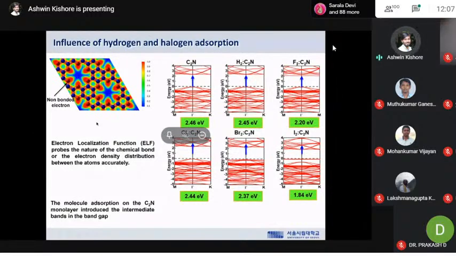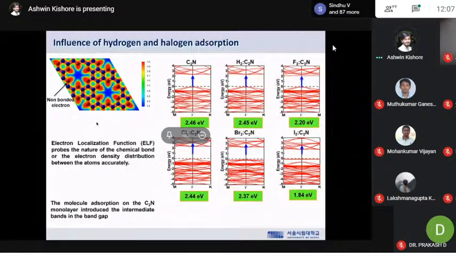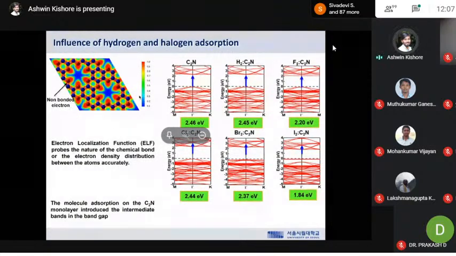Then we calculated the electron localization function because you can predict the nature of a chemical bond or the electron density distribution in the atoms. You see here, usually if the electron localization function is around 1.0, that means the electrons are highly localized. If it is around 0.5, it is delocalized.